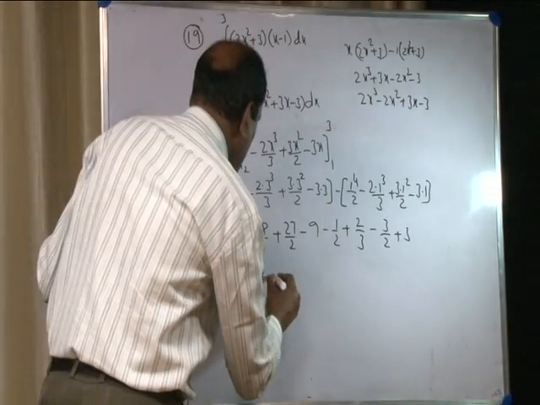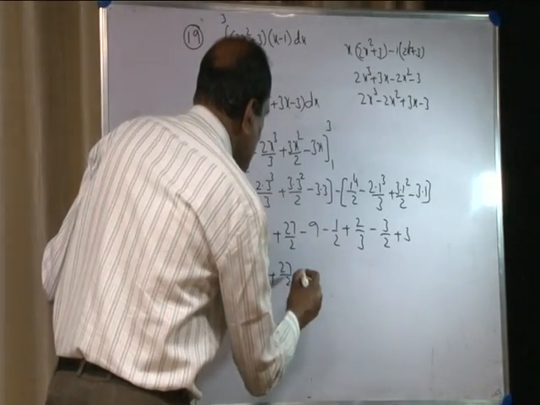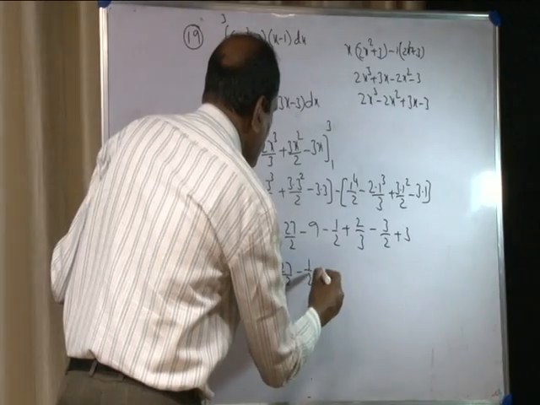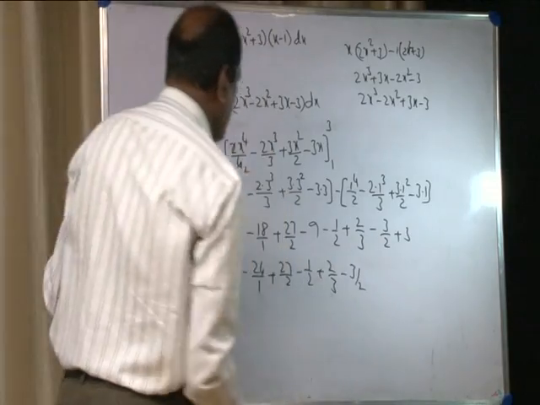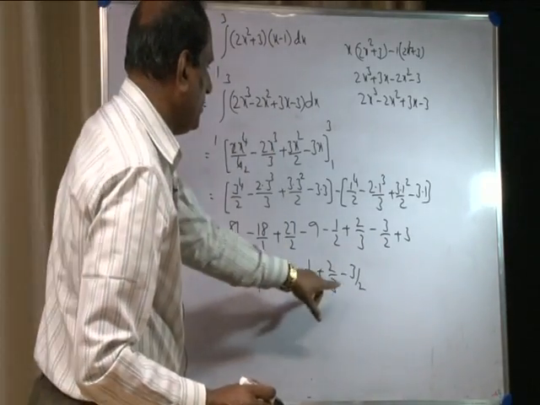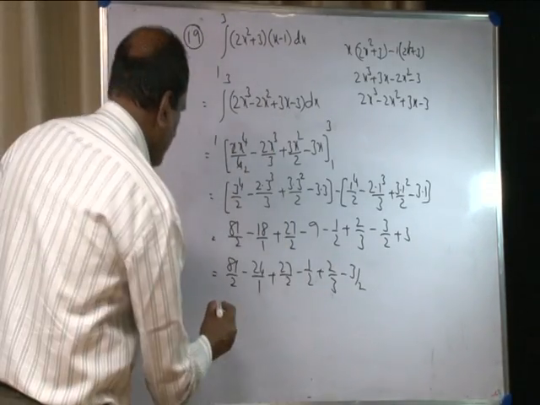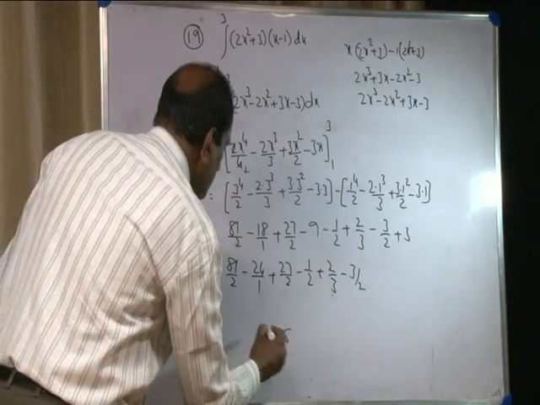Next, the fractions: 81 by 2 plus 27 by 2 minus 1 by 2 plus 2 by 3 minus 3 by 2. So find the LCM of 2, 2, 2, 3. The LCM is 6.